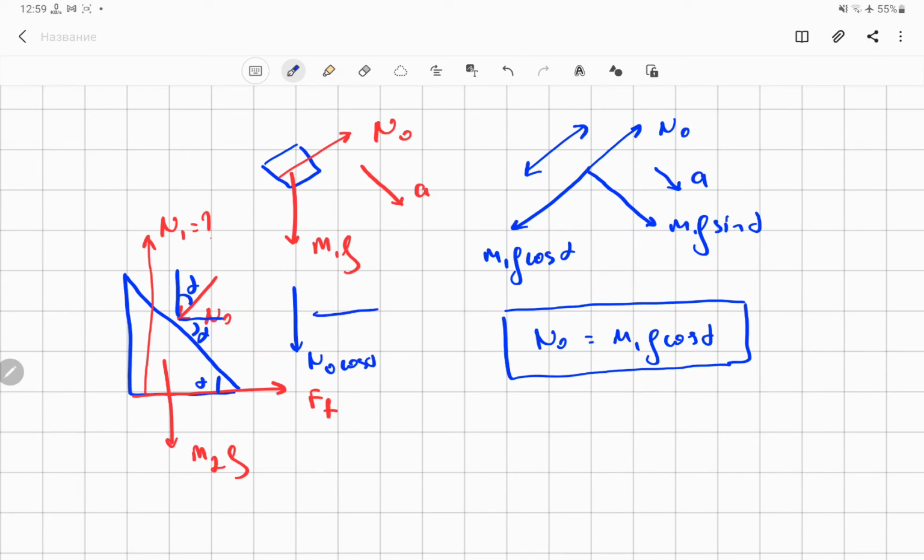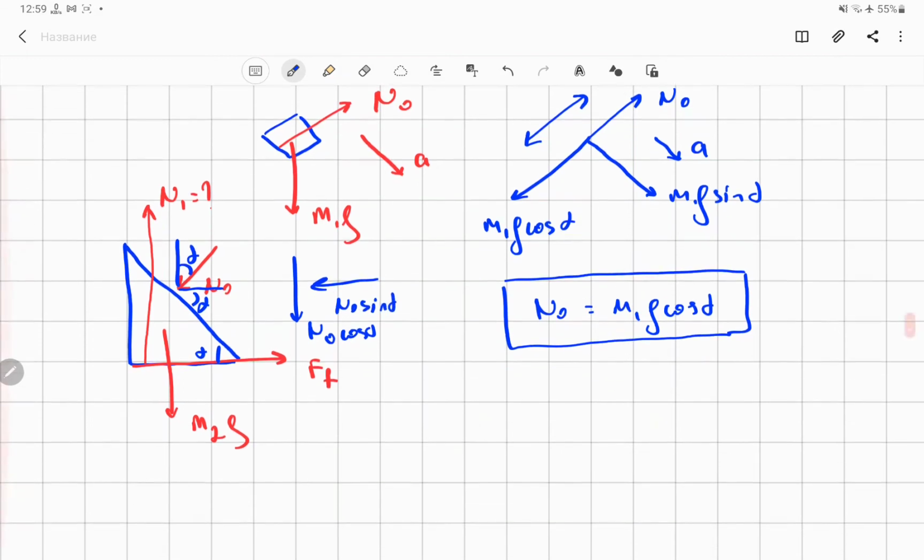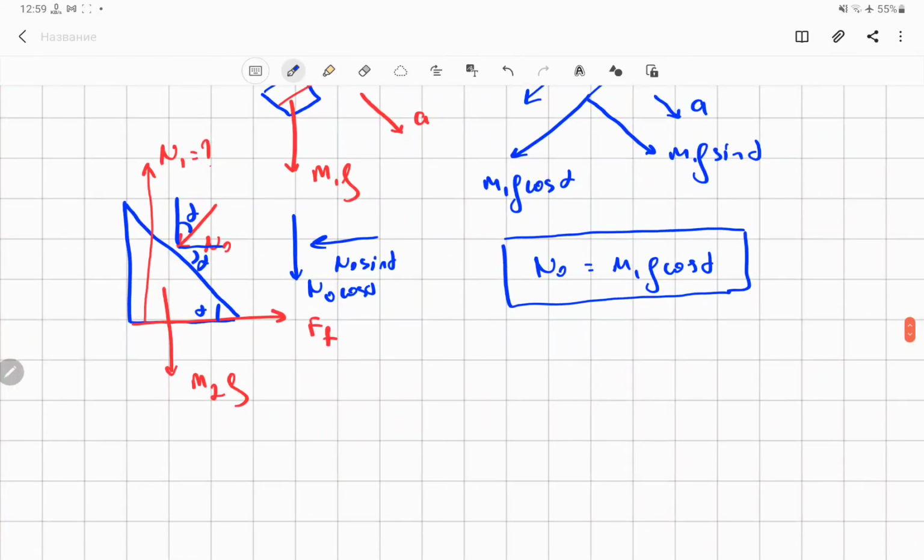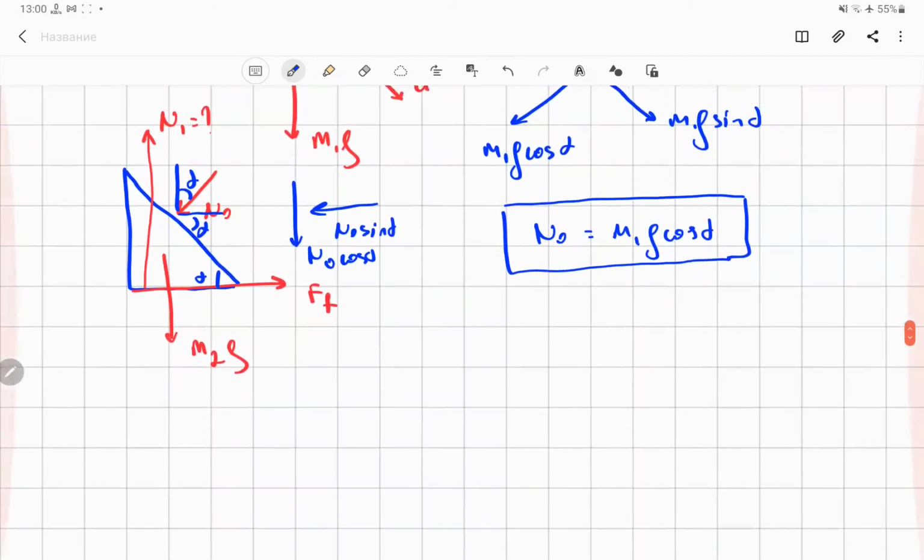In this direction we have N0 times sine alpha. So let me draw it again, free body diagram. Upward N1, downward we have N0 cosine alpha, and downward we have a weight.